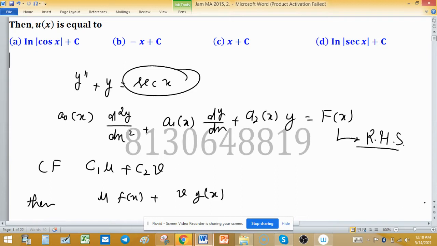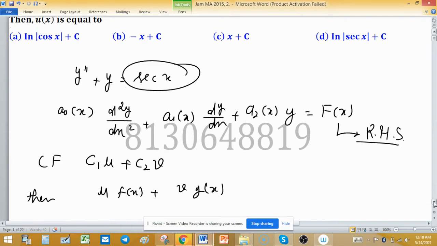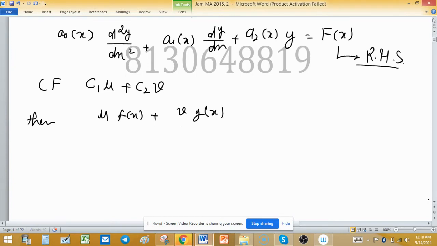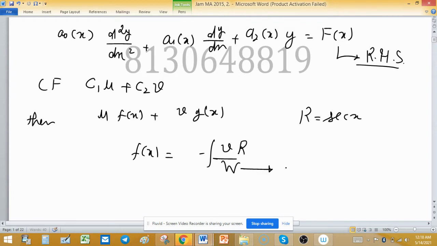Here f(x) can be found by minus integral of v r upon w dx, where r is the right hand side, here r equal to sec x, and w is the Wronskian.